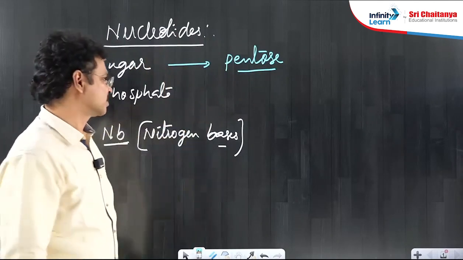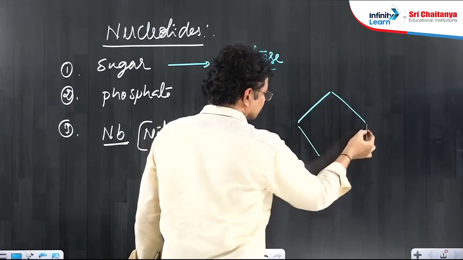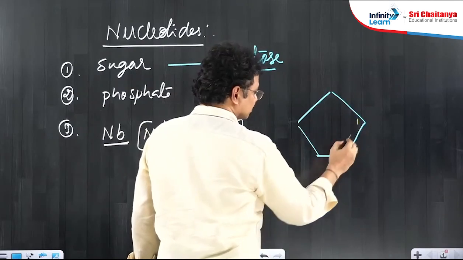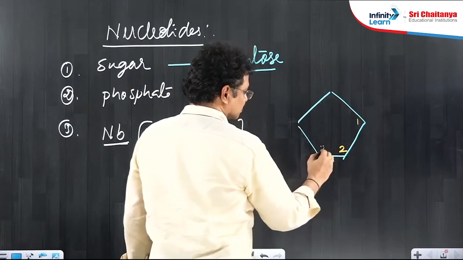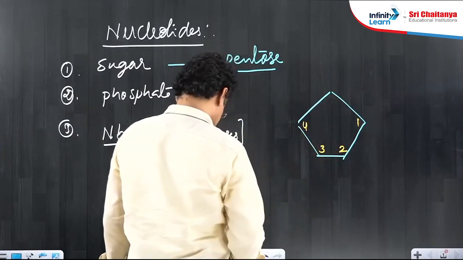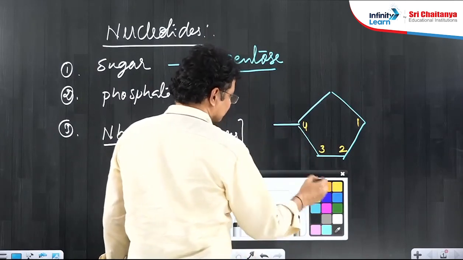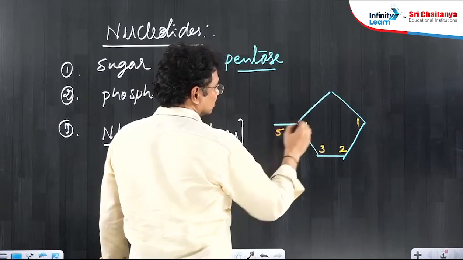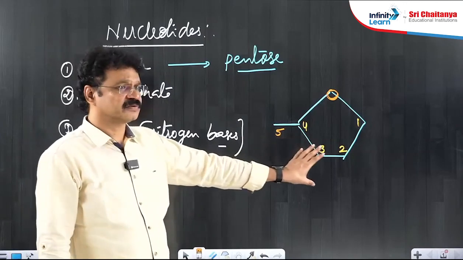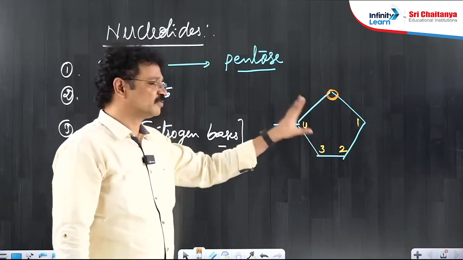The 5 carbons are there in the sugar molecule, in a 5-membered ring. This is the first carbon, second carbon position, third carbon, fourth one, and the fifth carbon is found outside of the cycle. It is the 5th carbon, but here an oxygen atom is there. The total number of carbons is 5, but within the ring the number of carbons is 4 only.